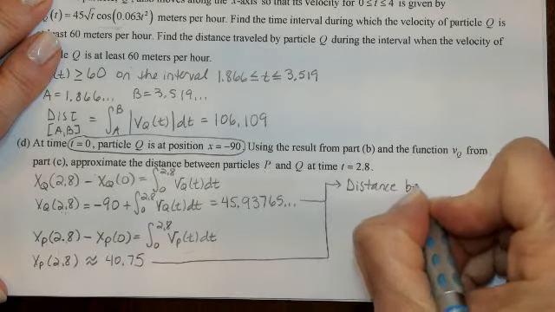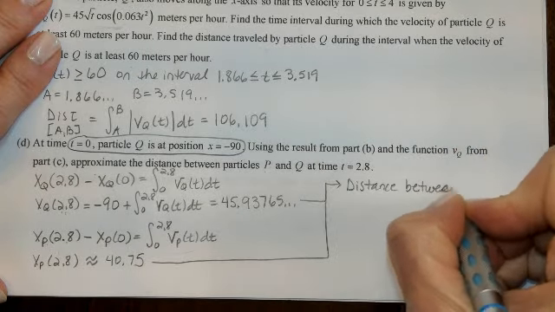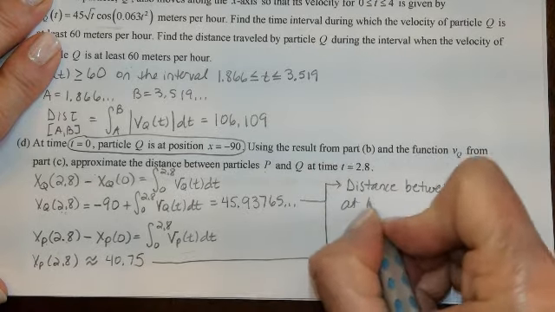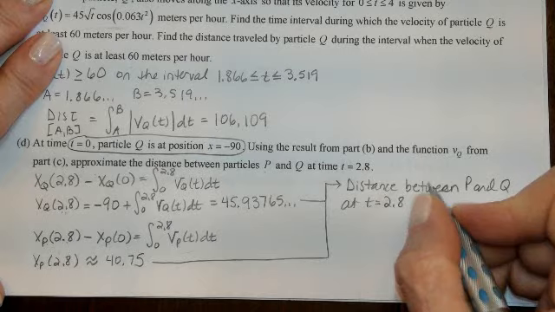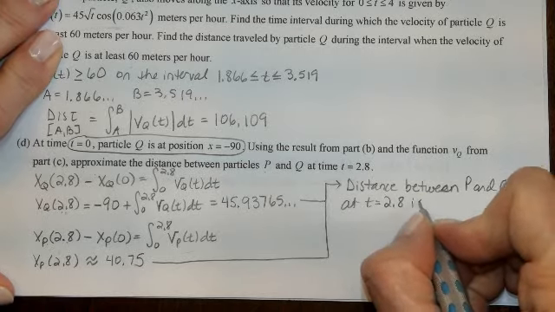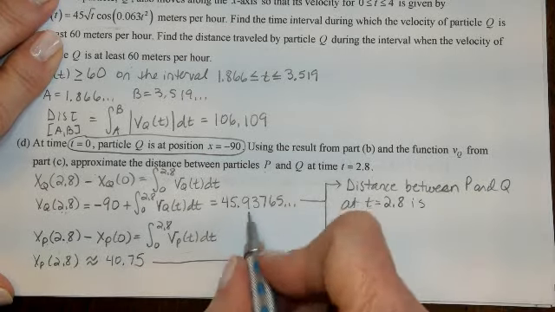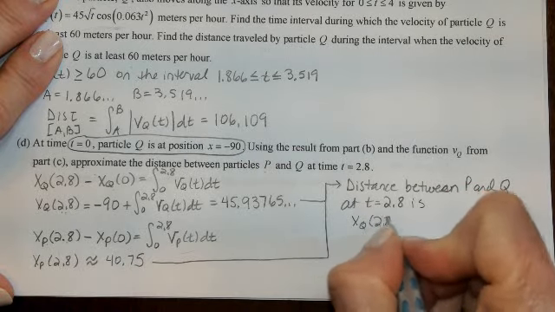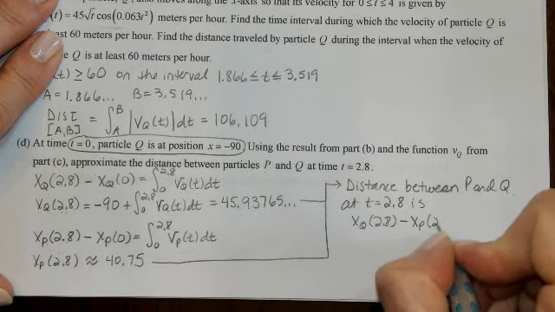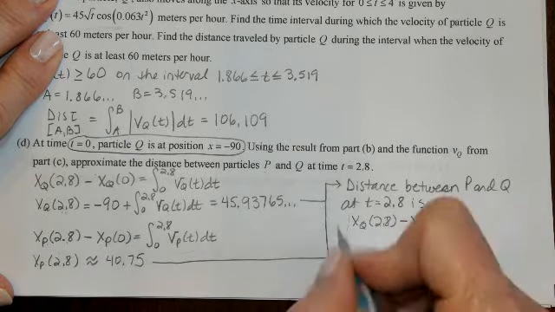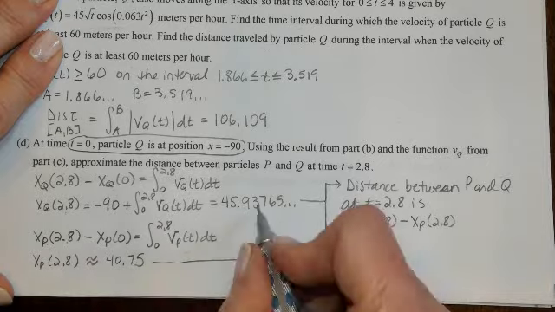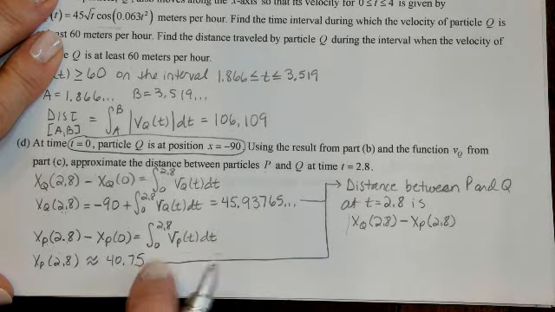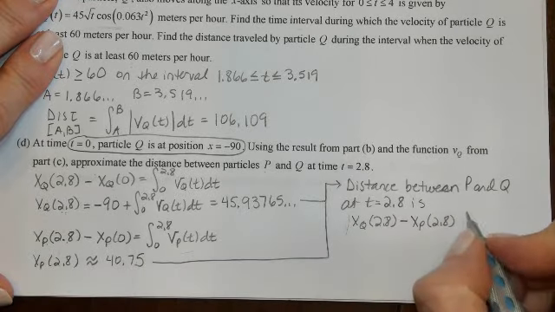So the distance between P and Q at time t equals 2.8 is x sub q, so the position of q at 2.8 minus the position of P at 2.8. If you want to put absolute value bars there, you can. In this case, it doesn't matter because I know that the position of Q is greater than the position of P. But again, you can always use absolute values there if you want.